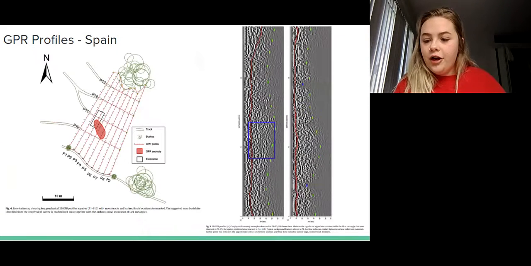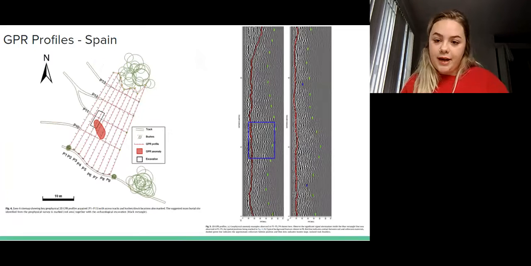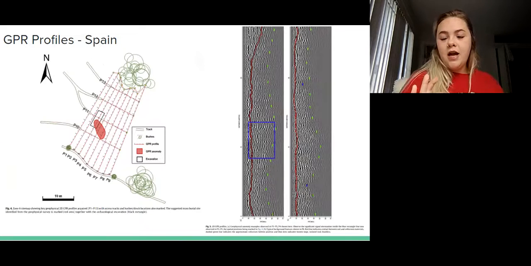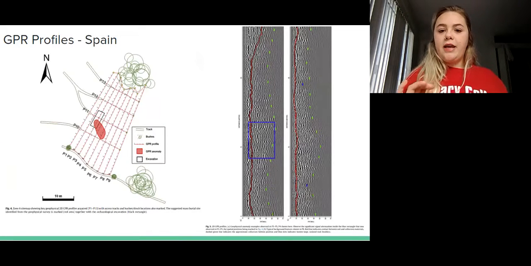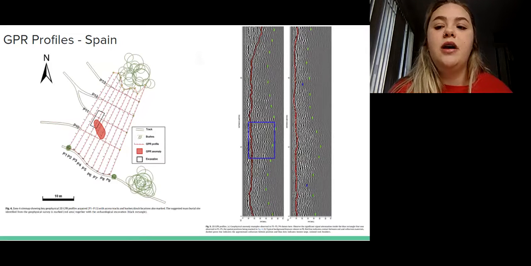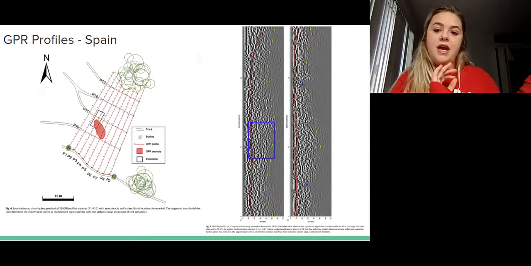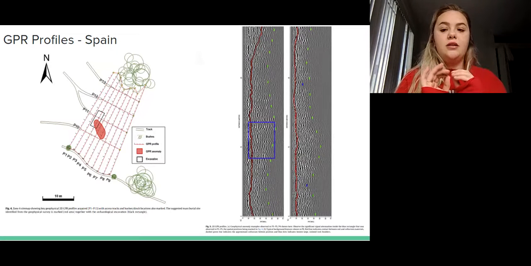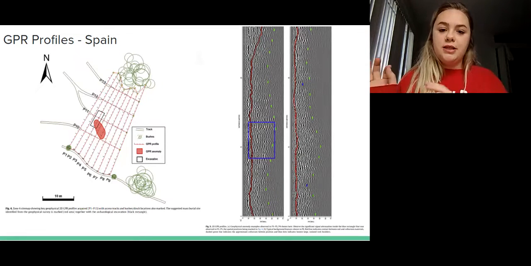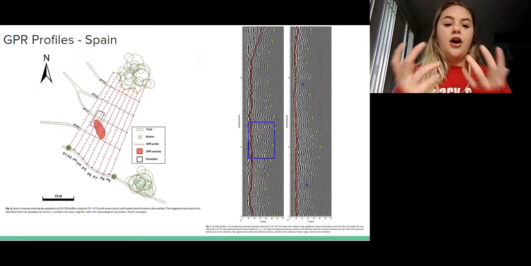While other authors in similar mountainous terrains had determined 250 MHz frequency antennas to be optimal, the 500 MHz antenna was determined to be optimal here due to the better quality data when compared to the 250, and for data acquisition logistics, in which mountainous terrains and steep slopes are better.